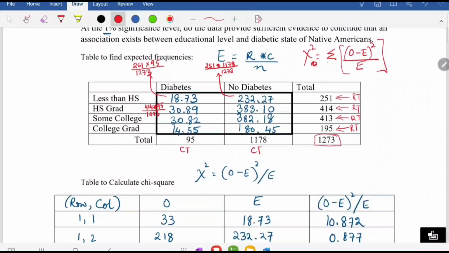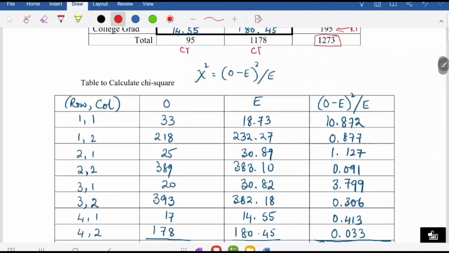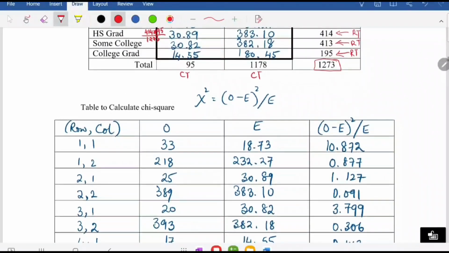So once we have our expected values, we are going to work through this table. Now, in the first column, I have indicated which row and which column I'm working with. So just note, number the columns. This is row 1, column 1, row 1, column 2, then row 2, column 1, and so on. All right, and note the observed frequencies first.